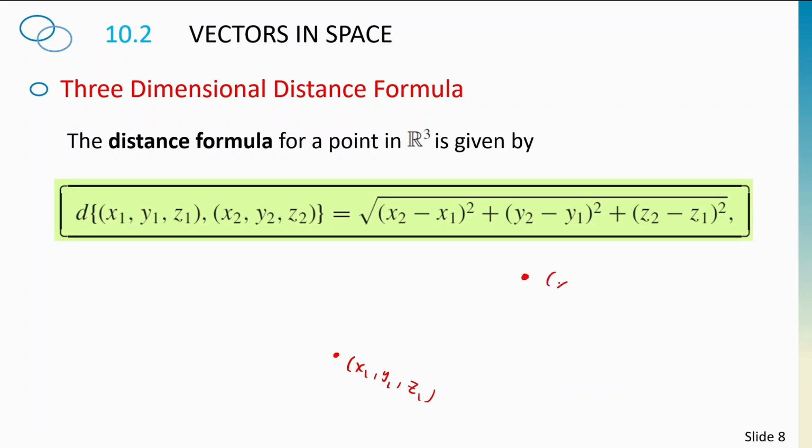And another point as x2, y2, z2. So the distance between them, or the length of this line segment, let's call this point A, this point B. So the length of the line AB is the square root of delta x squared plus delta y squared plus delta z squared.